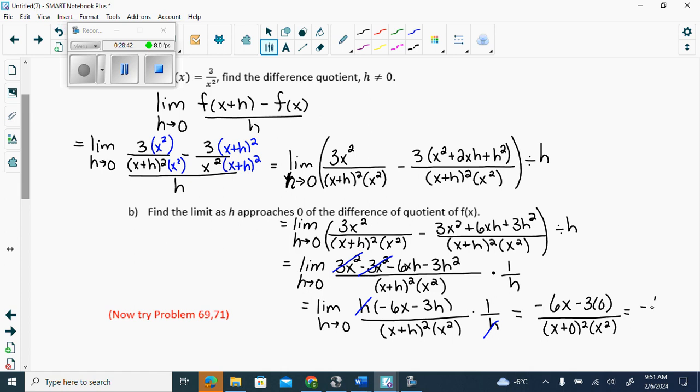So I get negative 6x on the top. And then I get x squared times x squared, which is x to the 4. And then we can actually reduce. The h's became zeros, guys, because the limit is h approaches 0. How else could they write it? Negative 6 x to the negative 3.